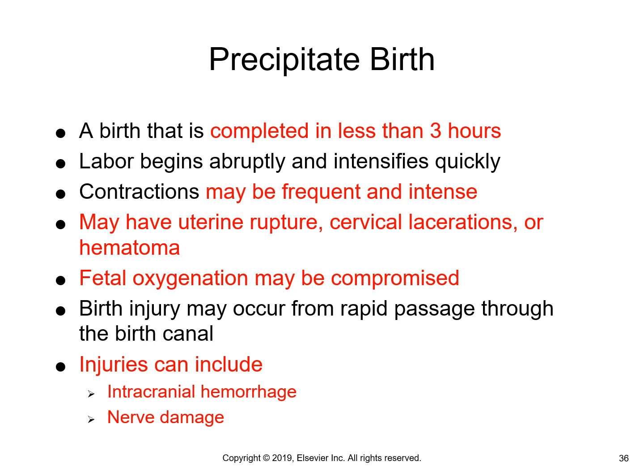There may be a uterine rupture. There may be cervical lacerations even, or hematoma. And because everything is so fast, there's no normal process of contraction and interval, and then contraction and interval, so your fetal oxygenation may be compromised, and then you might have a birth injury.